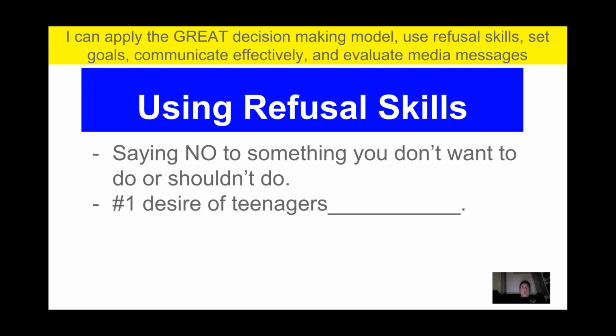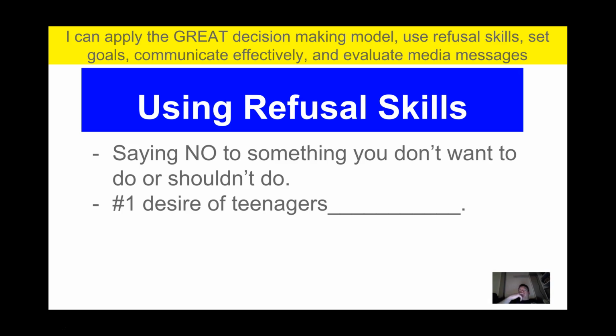Using refusal skills, so being able to say no when something around you is something you really don't like and don't want to do. But the problem is that all of us have done something that we knew was wrong, but we wanted to for whatever selfish reason.